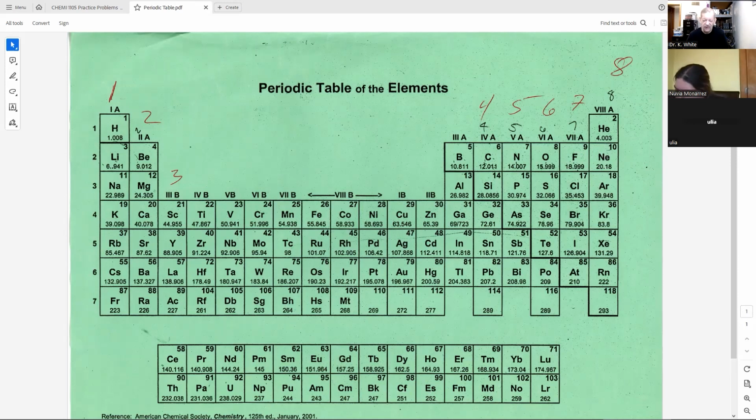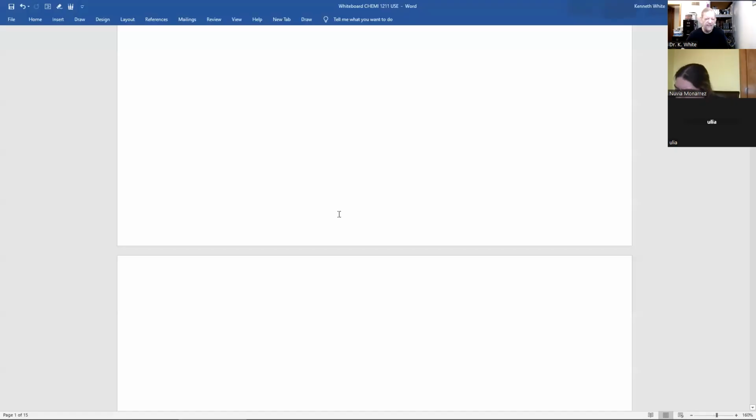So how do we deal with that information? We're trying to figure out what ion oxygen has. From the periodic table, we know it has 8 electrons and 8 protons. Now it wants to have the same number of electrons as the nearest noble gas, neon, which has 10 electrons.